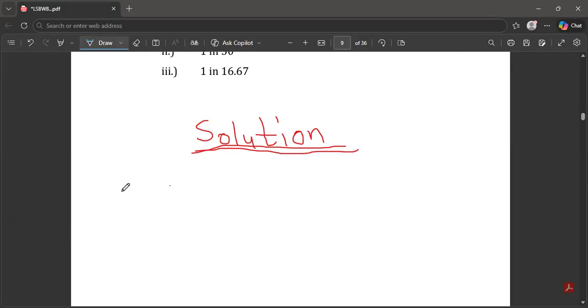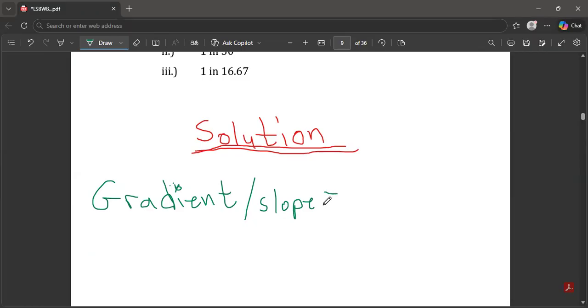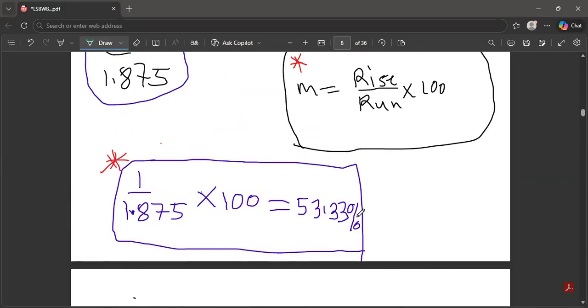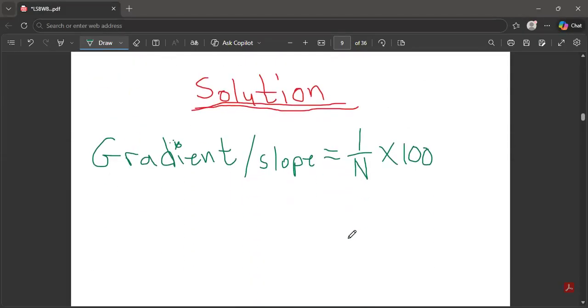Our gradient or slope is equal to the rise over run expressed as a percentage, or let me say 1 in n times 100, can also be written this way.